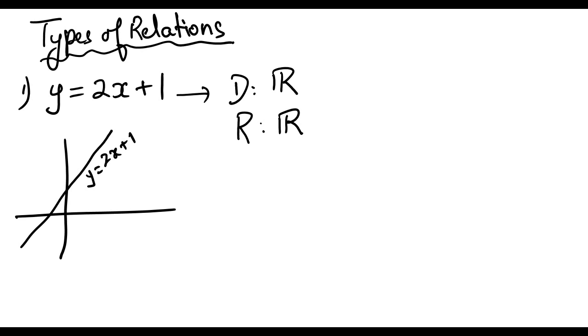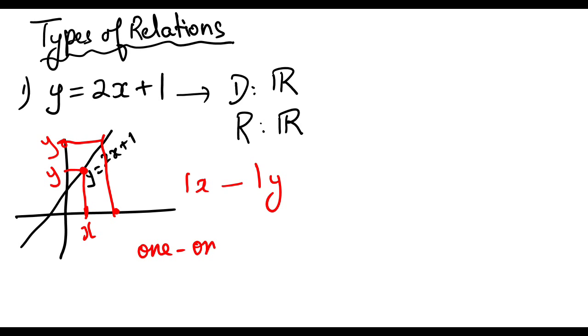What happens if I consider one x value here? Then I get exactly one y value. So I take any x value, I get exactly one y value, right? So this type of relation is called a one-to-one relation. One x value going to one y value is called a one-to-one relation, and usually this is a linear relation.